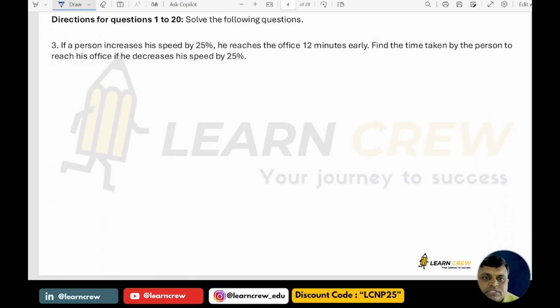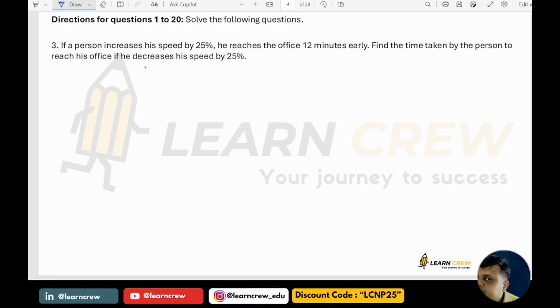Now third question. If a person increases his speed by 25%, he reaches the office 12 minutes early. Find the time taken by the person to reach office if he decreases his speed by 25%.